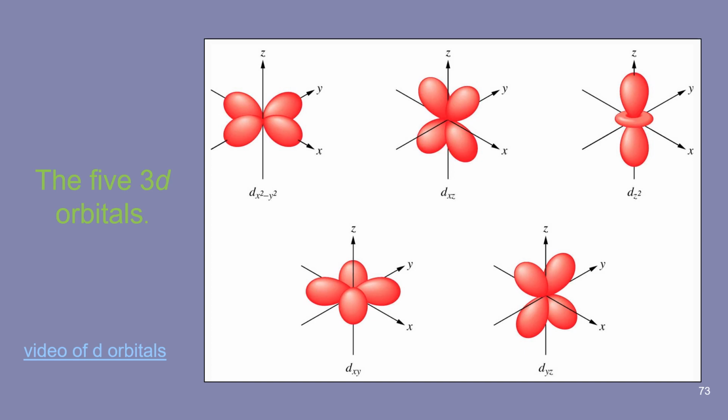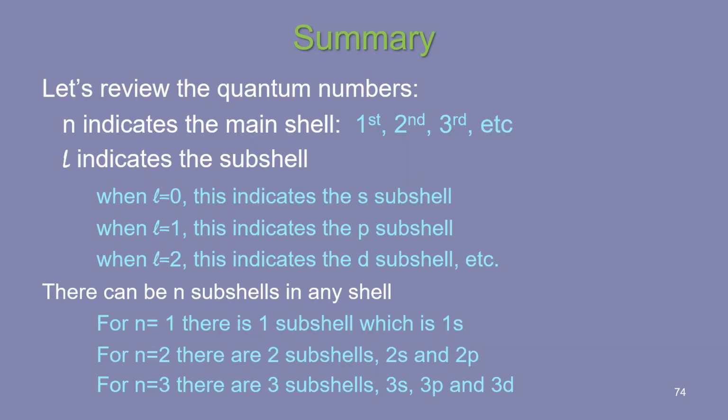It's kind of long, but anyway, I do want you to know the dumbbell shapes of the p and the spherical shapes of the s, and in general to realize that the d orbitals kind of look like clover leaves, except for this one that looks kind of weird. There's 5 d orbitals, and again, they have different regions in space, different orientations. If you look at those videos on the previous 2 slides separately, it puts them all together and you can see them.